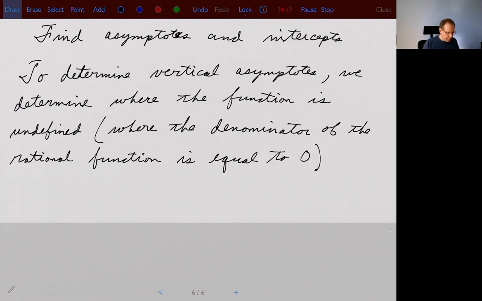But we have to be a little careful, and where the numerator is not 0.